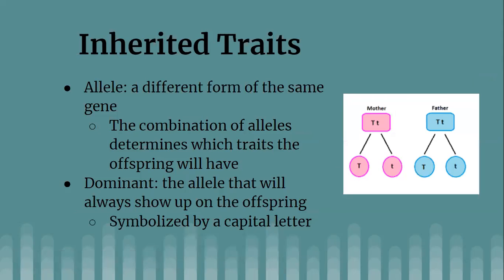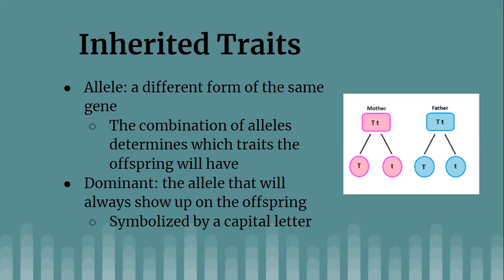An allele is just a different form of the same gene. One allele is going to be received from each parent, and the combination of alleles determines which traits offspring will have. In the simplest cases, alleles are either dominant or recessive. If an offspring inherits a dominant allele from either parent, that trait will always show up.